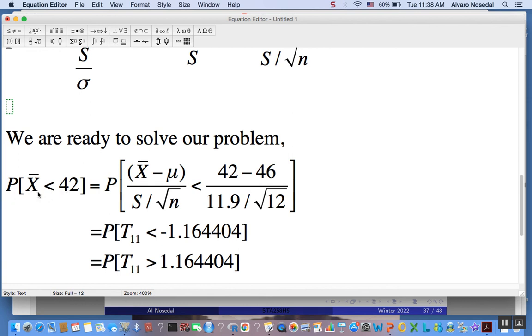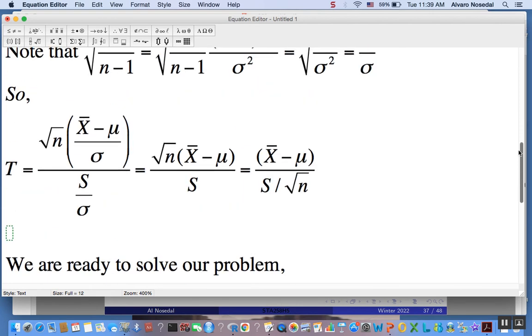So what we did is we realized that we could standardize, if you will, x bar, but instead of using sigma, the true standard deviation, if we use the sample standard deviation S, then our calculations are going to change in the sense that instead of using a normal distribution, we're going to be using a t distribution.